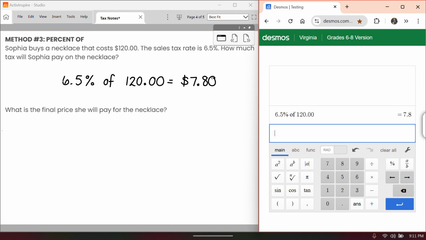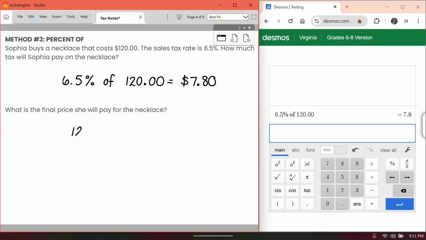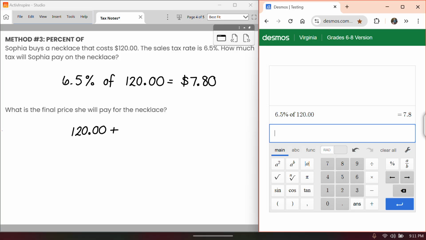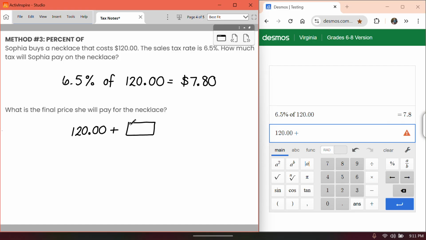Now, to find the final price of the necklace, I'm going to take the original price, the $120, and I'm going to add the tax. But in Desmos, I'm going to do that a special way. I'm going to click the button that looks like this, because that means answer, and it's going to bring down the answer from the previous line so that there's no chance of me making any mistakes while I'm typing.